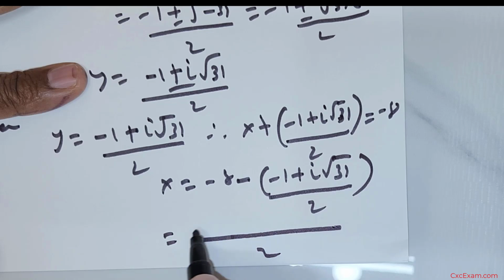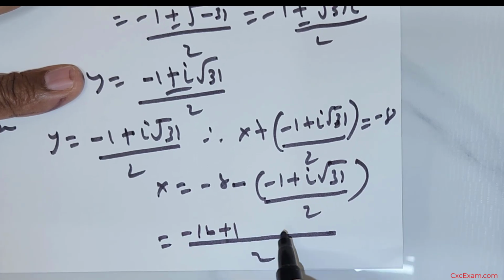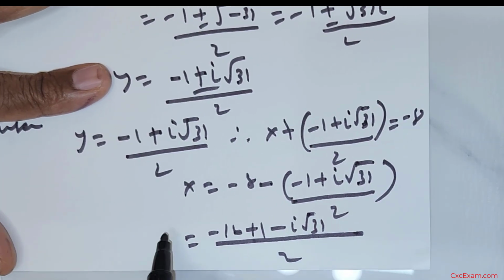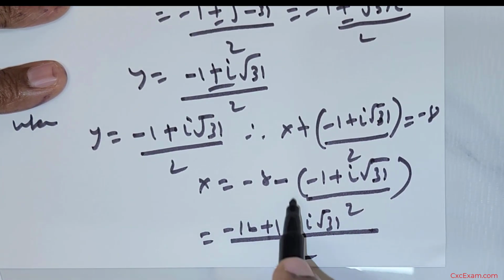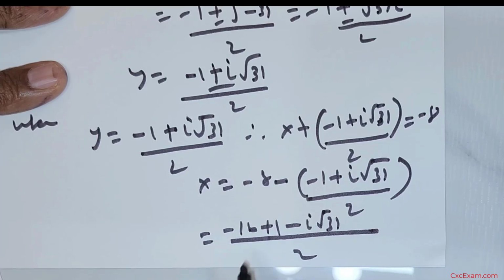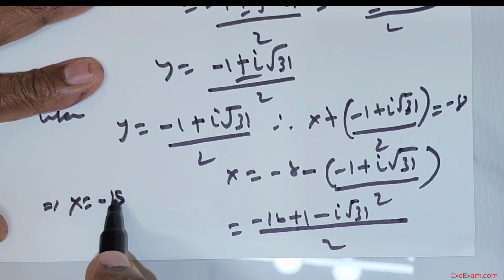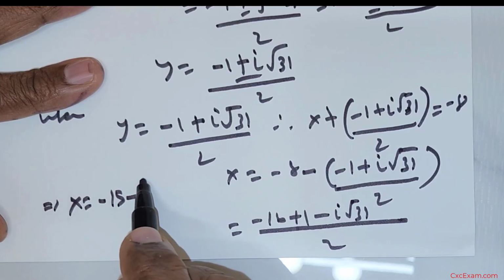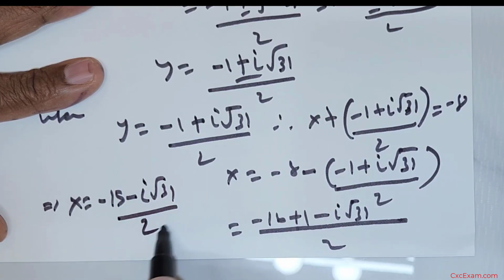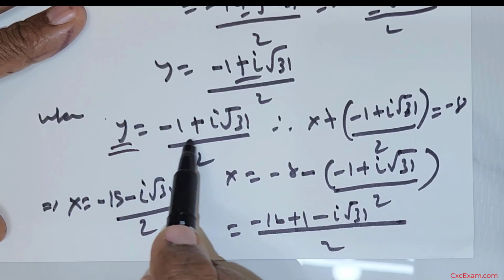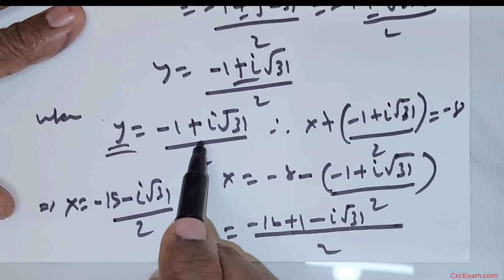You take the LCM as 2: (-16 + 1 - i√31)/2. So this is going to give you -15, so my x = (-15 - i√31)/2. So this is when y takes the value (-1 + i√31)/2.